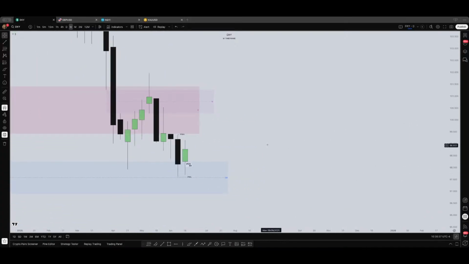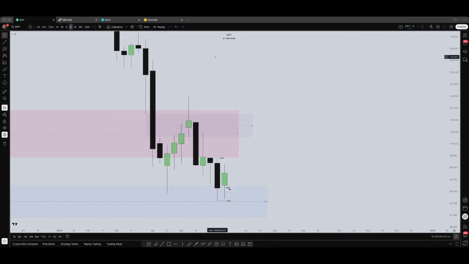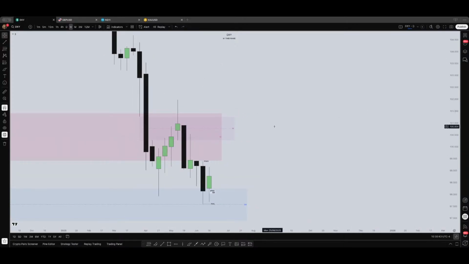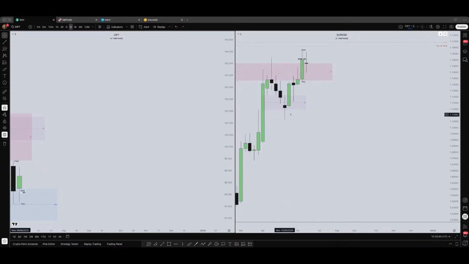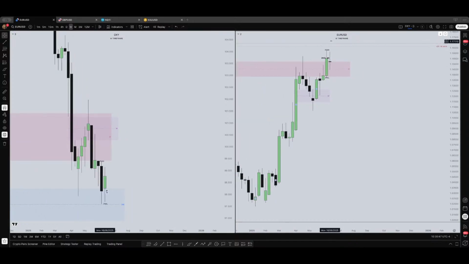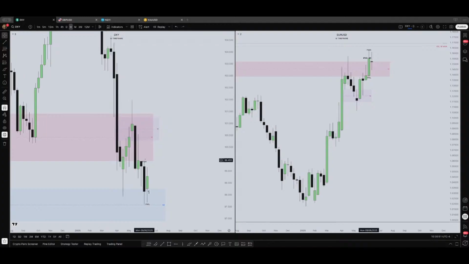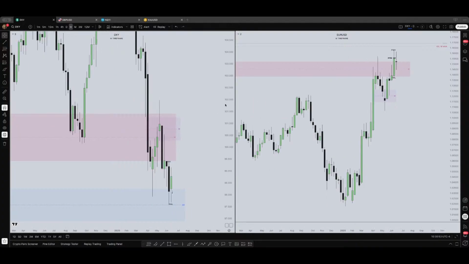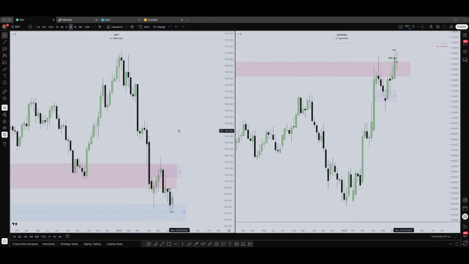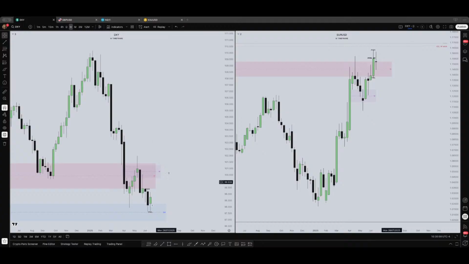So normally this is DXY, the dollar index, and I use it a lot to compare with, for example, euro. And I have these two windows. So I'm comparing divergences, levels, the weak, the strong, so it gives you information.